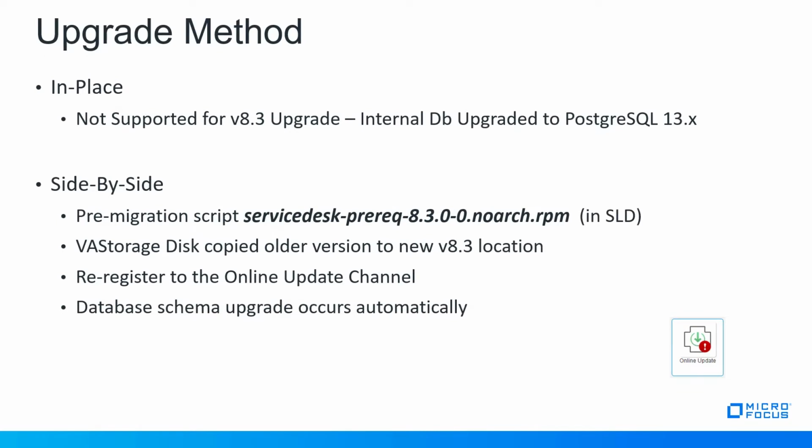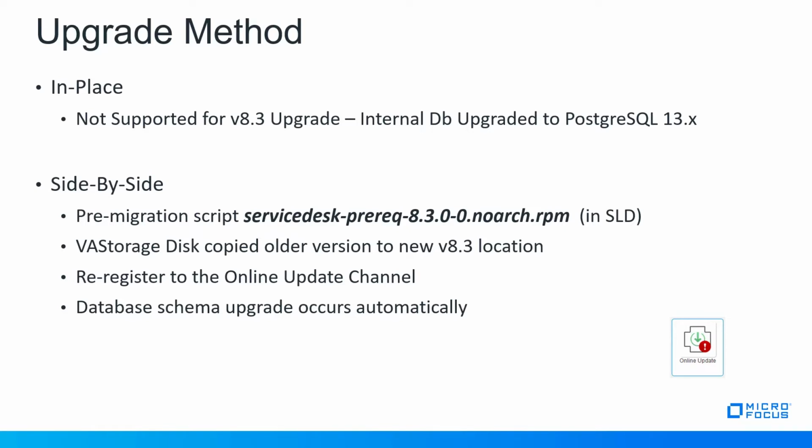The upgrade method: the in-place is not supported for version 8.3. We're going to do a side-by-side, which requires a pre-migration script, which is a Service Desk prereq 8.3 RPM. You'll find that in the SLD download.